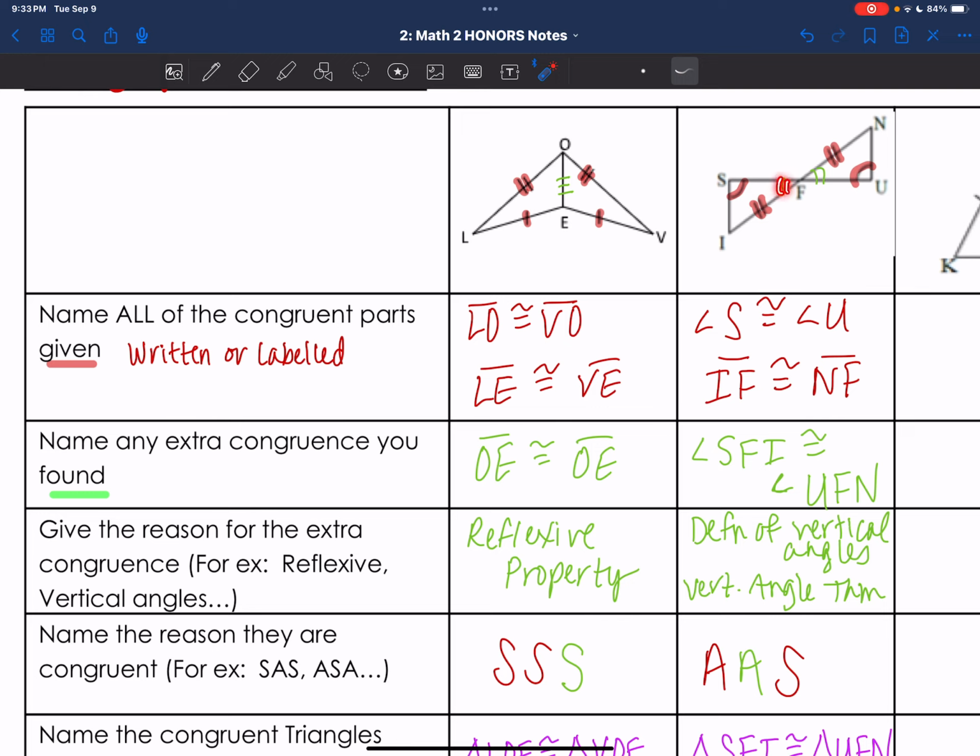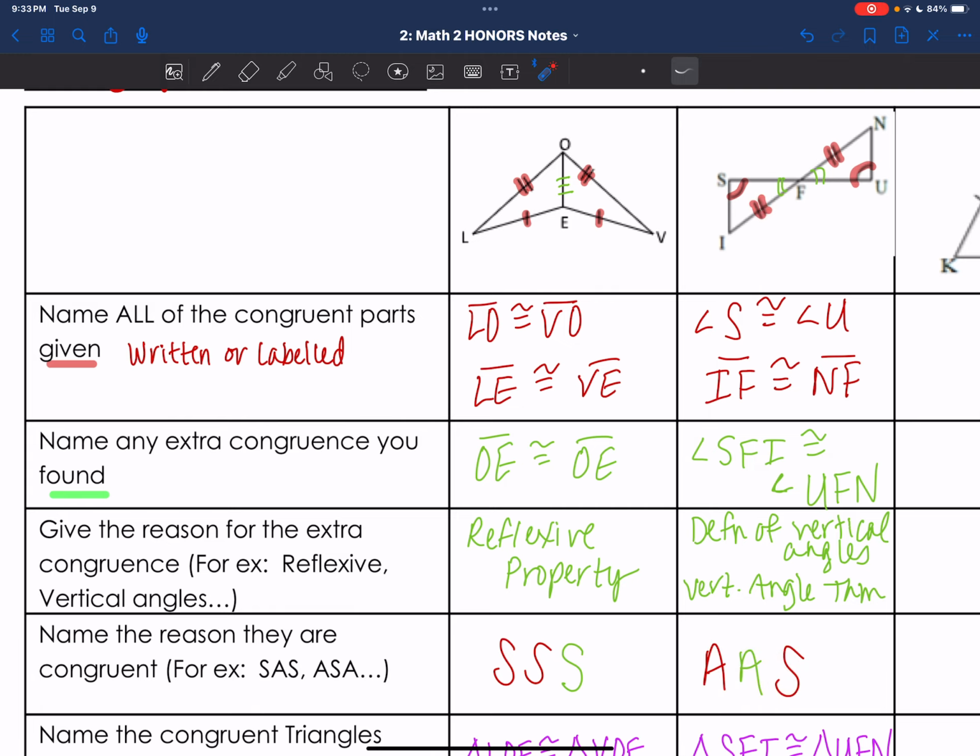So right here, that's telling me those are congruent. And then last, we give the reason for the congruence. The two triangles are congruent because you have angle, angle, side.